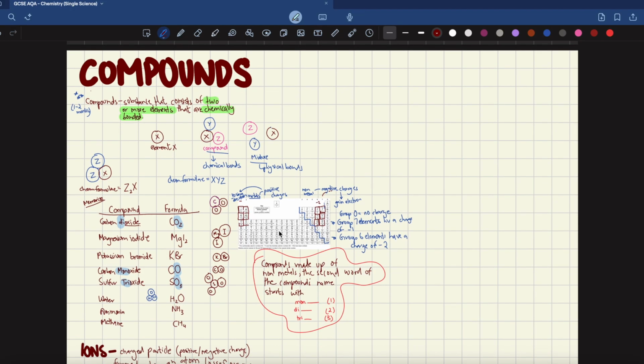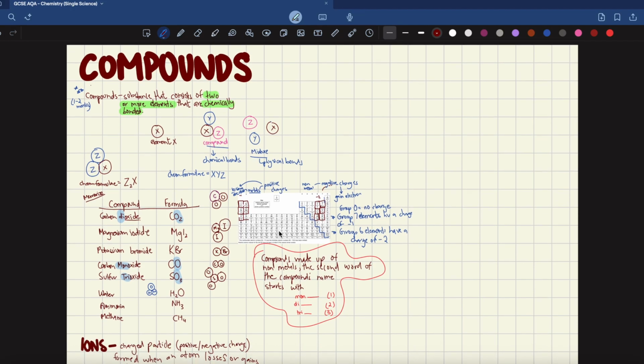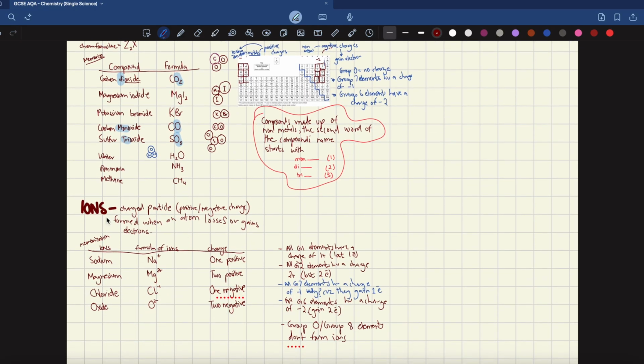Okay, so we are done with the compounds, the definition of compounds, the formulas of the compounds, and all of the stuff that you're supposed to memorize. Then we went through the basic definition of ions that is also going to show up for 1 to 2 marks. The important key terms are as highlighted: charged particle, and formed when an atom loses or gains electrons.